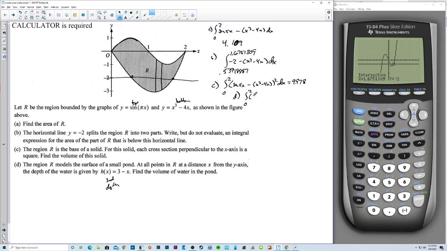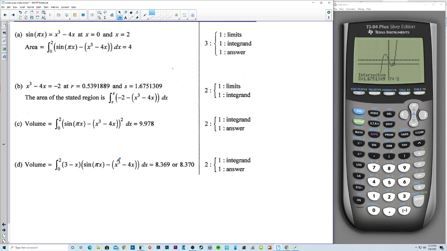Here's the depth, 3 minus x, and then if you multiply that times the two-dimensional area, you get the third dimension. x to the third minus 4x, dx. So there's the 3 minus x, this is the depth, and times area will give you the third dimension. So 8.369 or 8.370.